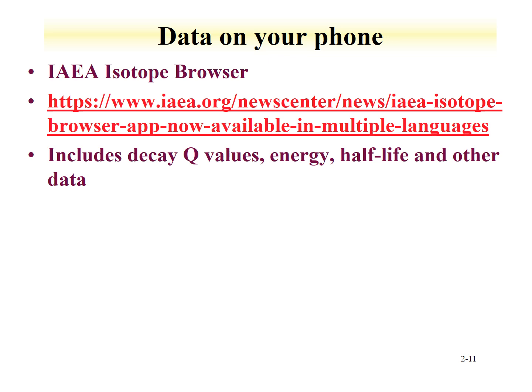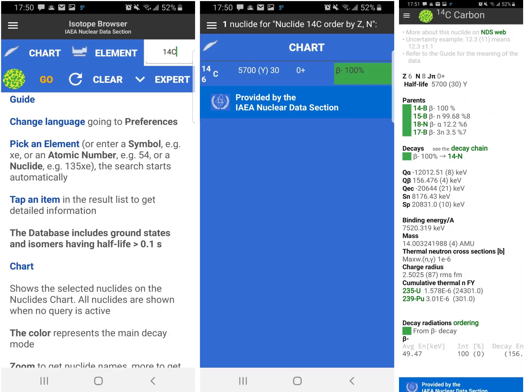A lot of this compendium is already available. If you had the isotope browser, first thing you'd want to do is select the isotope you're interested in. So here is carbon-14 listed. You would then select Go, and that would bring you to this page.